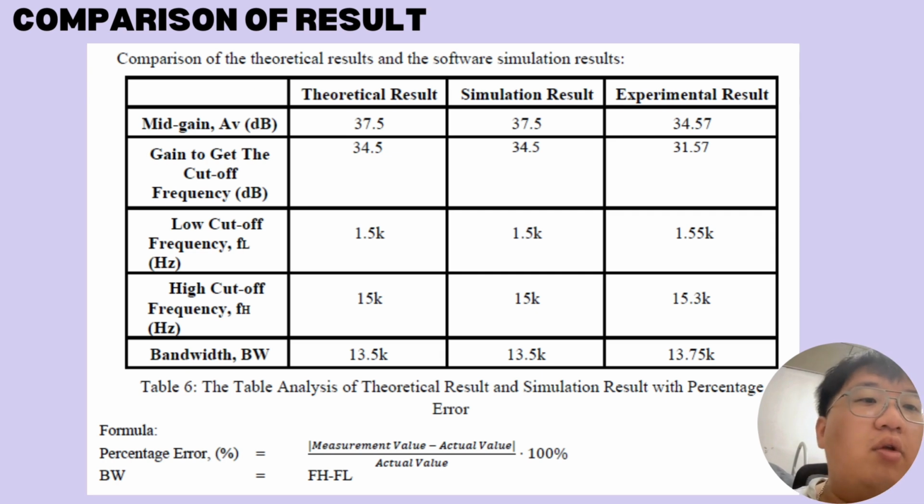So how to get the bandwidth? The formula of bandwidth is high cutoff minus low cutoff, and then we'll get 13.5K. So for the simulation result, we get the simulation result from the application Multisim.